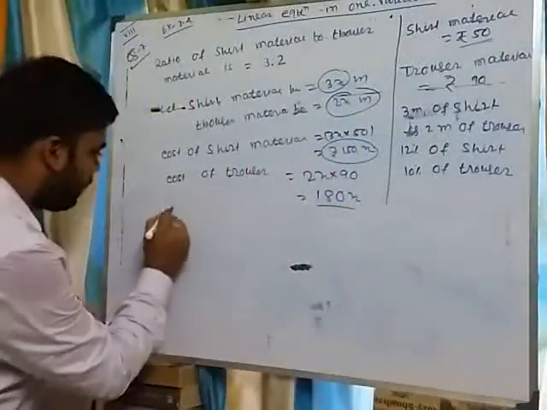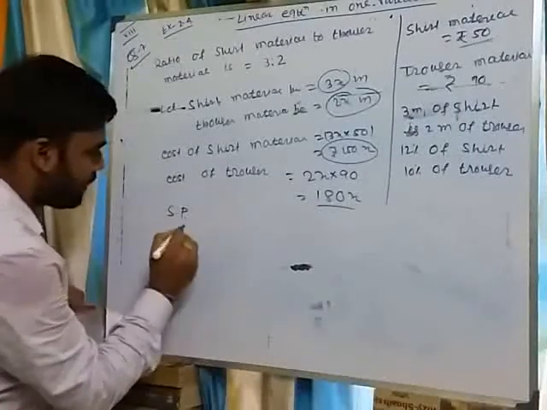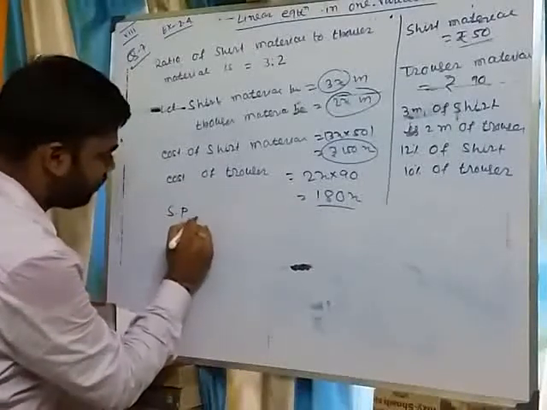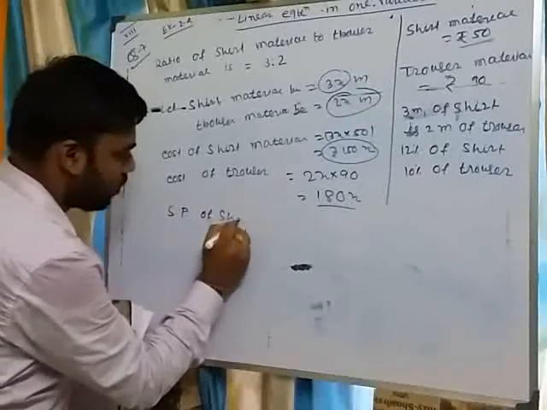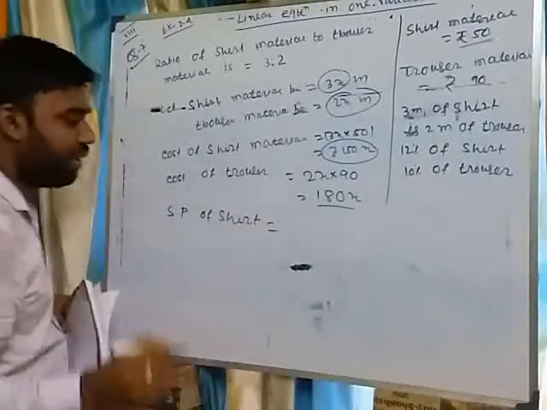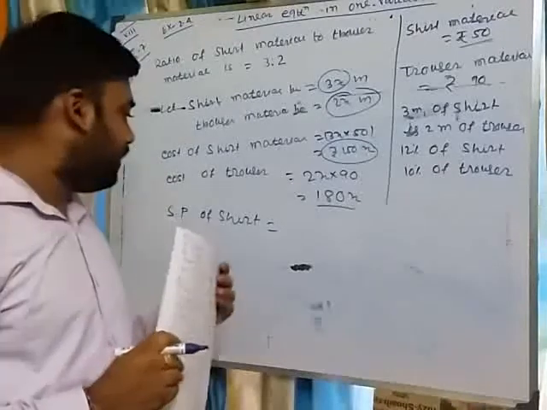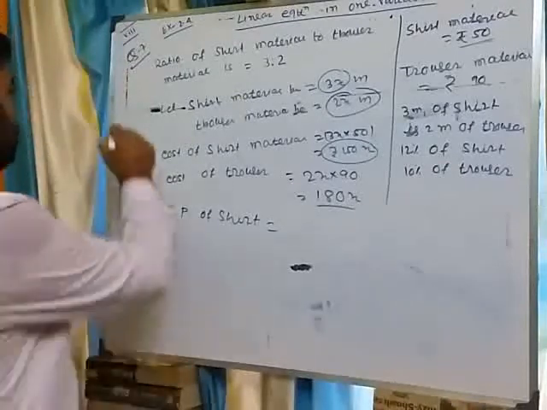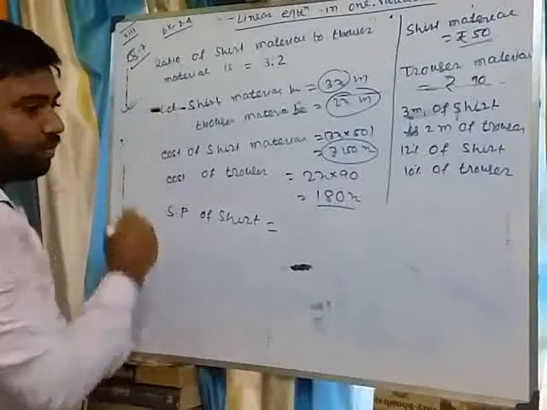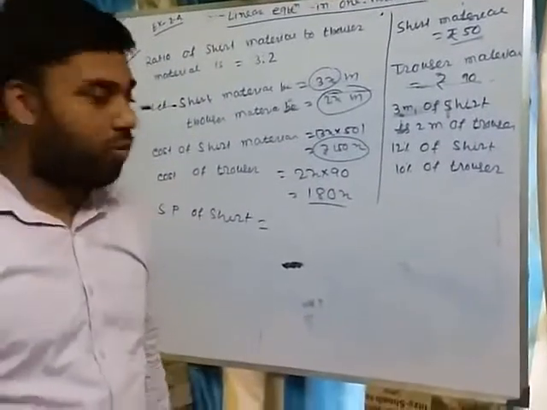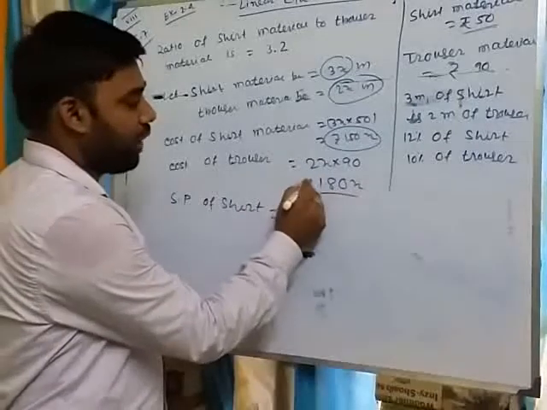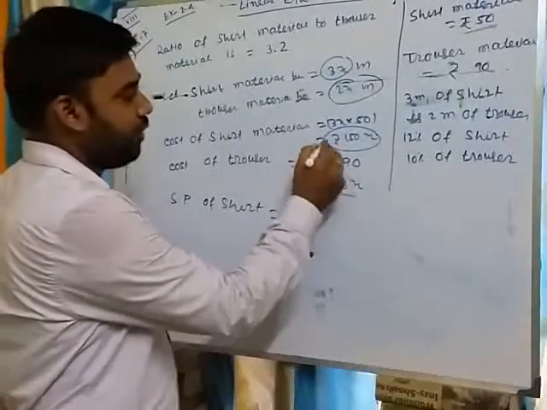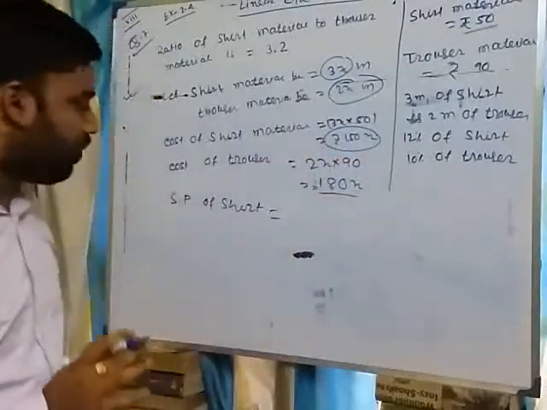Now the selling price of shirt material. The cost of trouser is rupees 180x and of shirt rupees 150x.